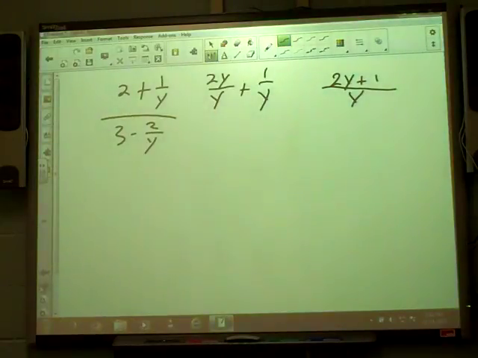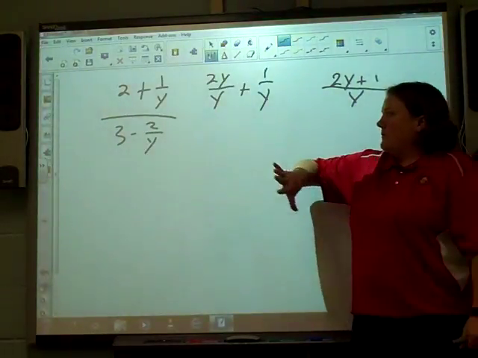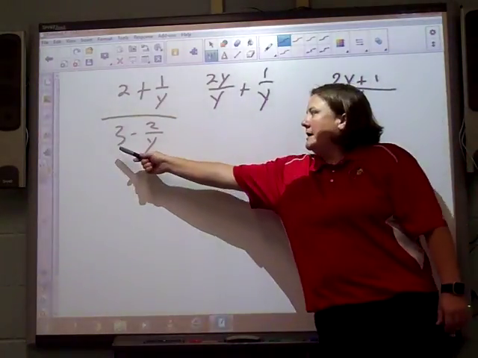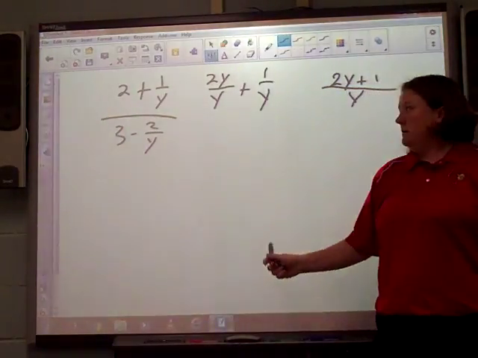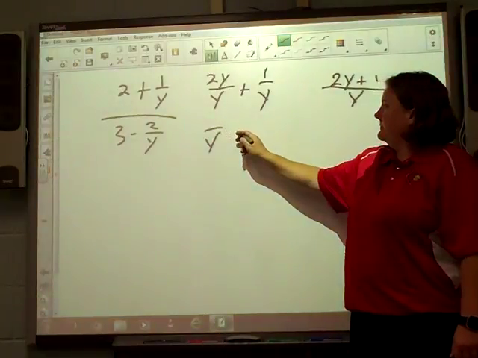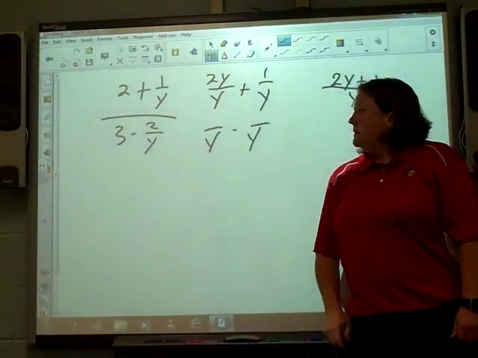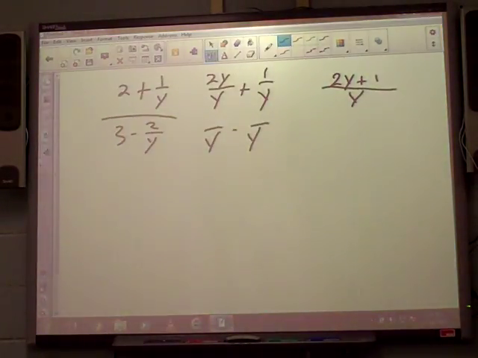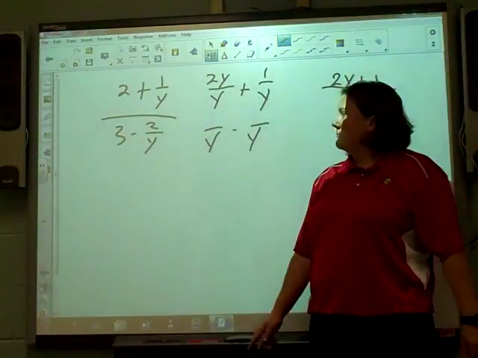We've got to do that same process now for the bottom piece. What will the denominator here be? Good, Caleb. It's y again. What about the 3? What do I need to multiply the 3 by? Y. Good, Kaylee.